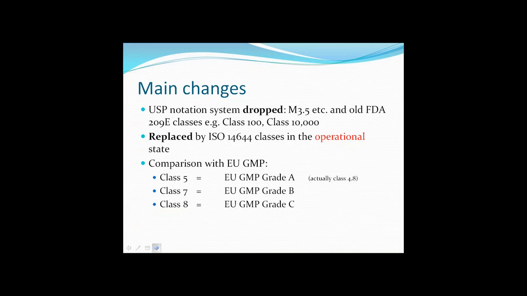Here EU GMP has a limit of no more than 20 particles of 5 micron size in a measured cubic meter of air, whereas the ISO standard allows a limit of 29. So to cut to the chase, this means that EU GMP grade A is technically equal to ISO class 4.8 in operation.